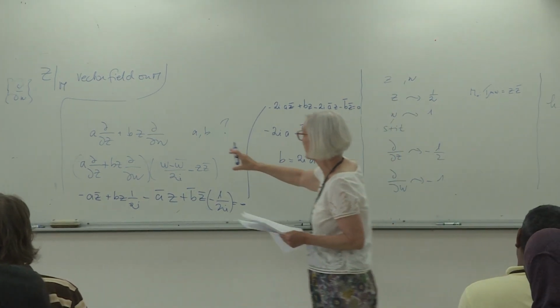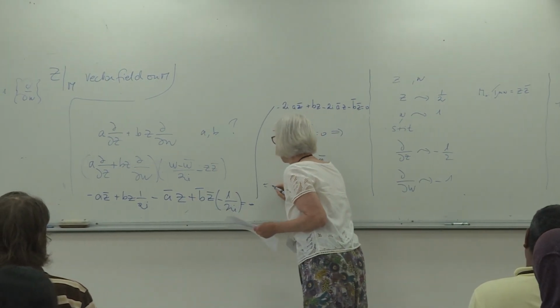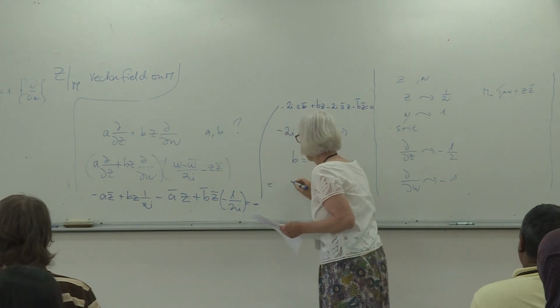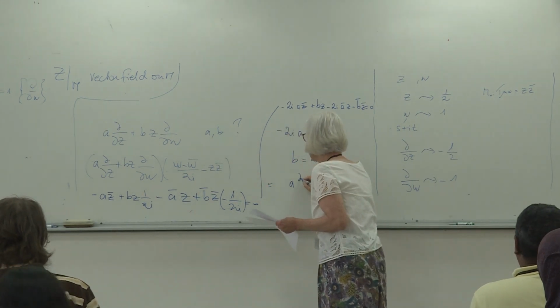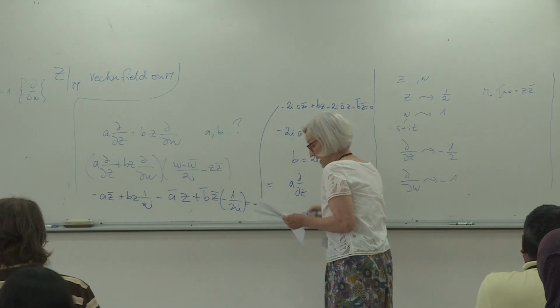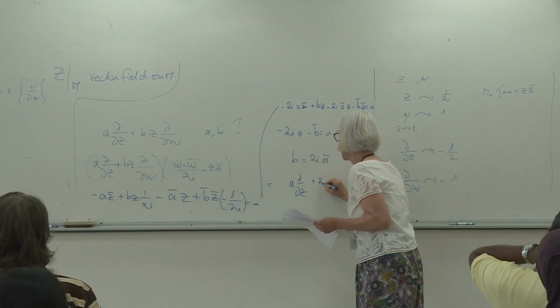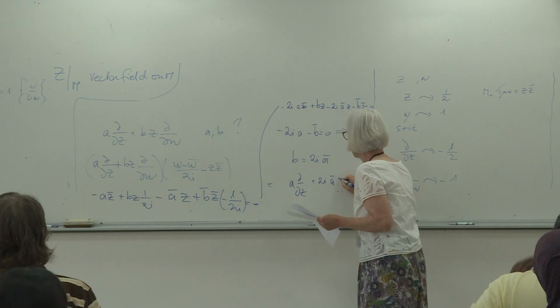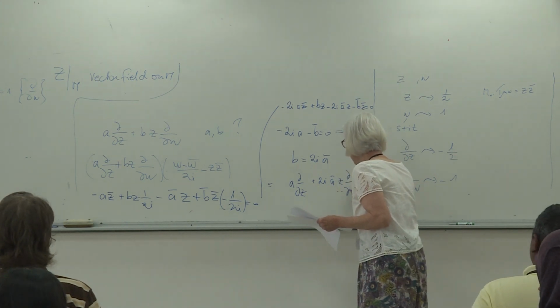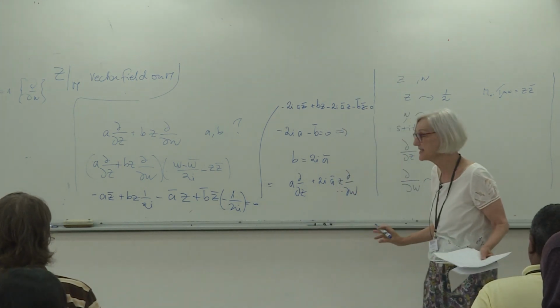So what is the description? So you get that your guy should be of the form A ddz plus 2I A bar Z dw, right? And there is nothing else.